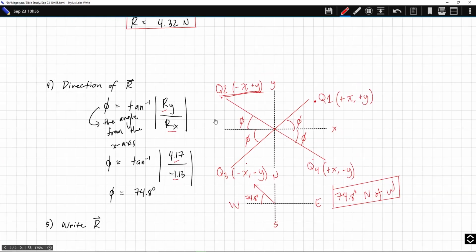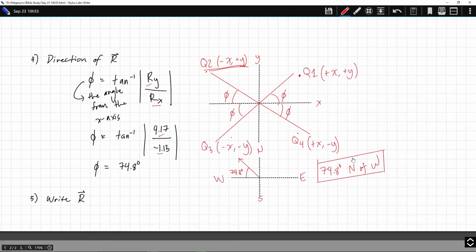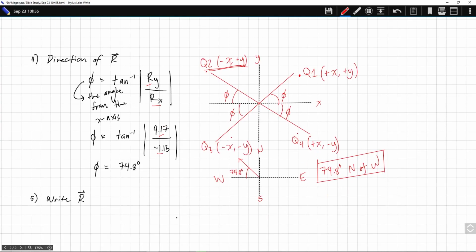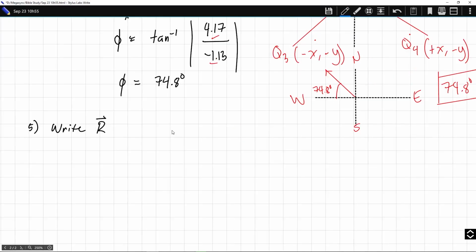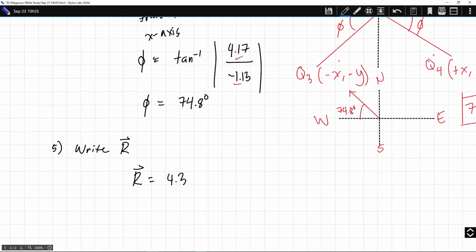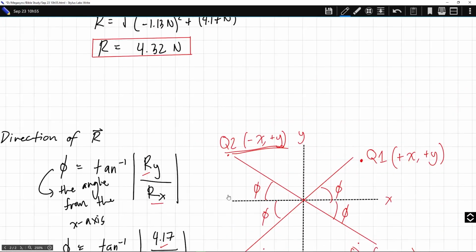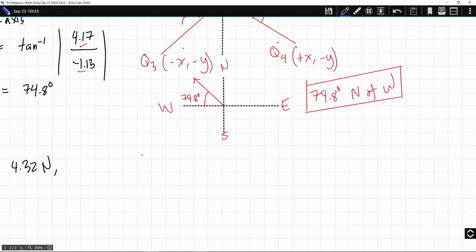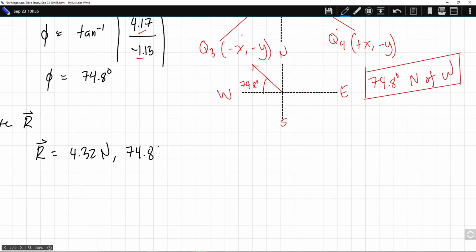Okay? So now that we have the magnitude and we also have the direction, we can now write our resultant vector r. So simply, our resultant vector r is, magnitude is 4.32 newtons, and the direction is 74.8 degrees north of west.